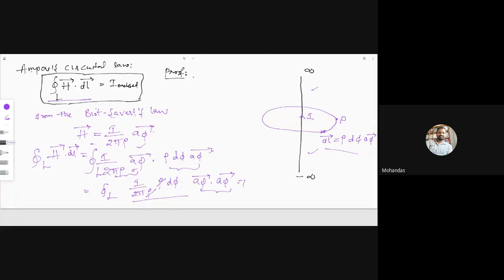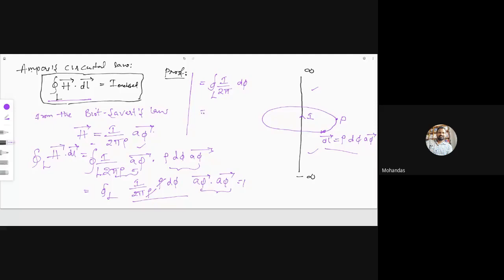So the LHS is equal to the closed line integral of I by 2 pi into d phi.